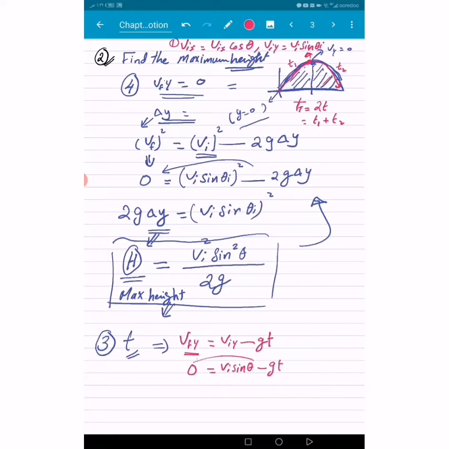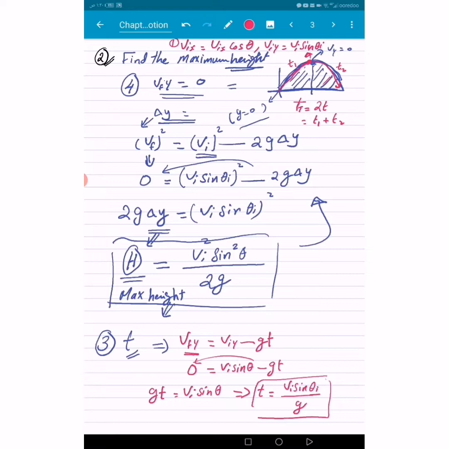So move this to the other side: GT is equal to V initial sine theta, then T is equal to V initial sine theta divided by G. So that is the time to fly to the maximum point.